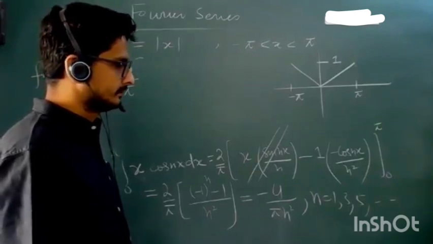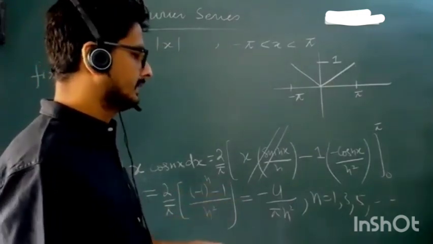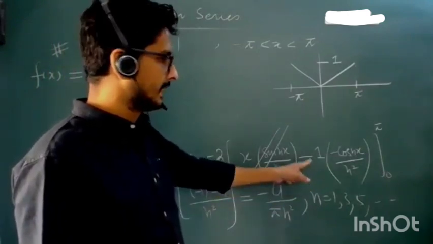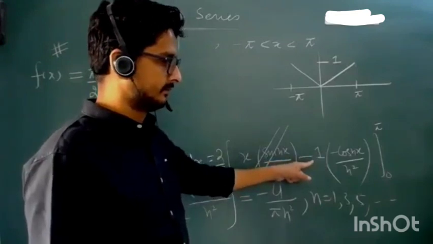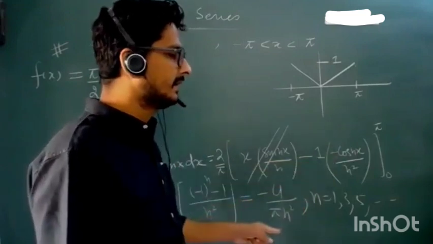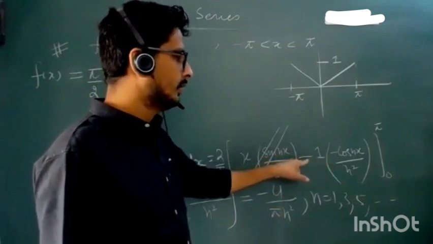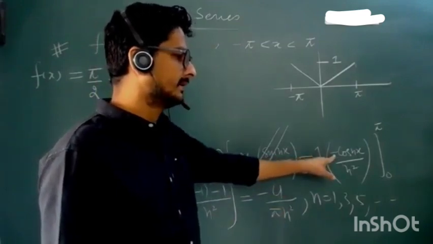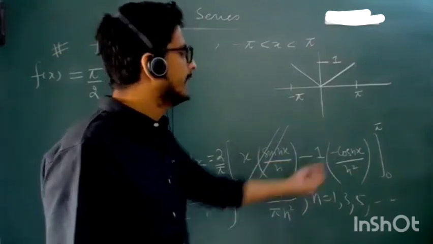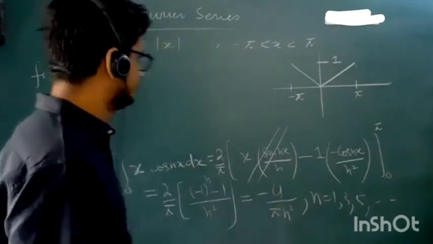It is minus 1 minus cos nx by n². No, which step are you at? You just tell me the step, I will tell you. Here? From that step, sir, minus is not there. Minus is there. Minus and minus will cancel. Oh, okay, sir. You don't know that if minus and bracket minus is there, it will cancel. I took out the minus first, and then minus and minus will become plus. Yes, sir. Okay, sir.